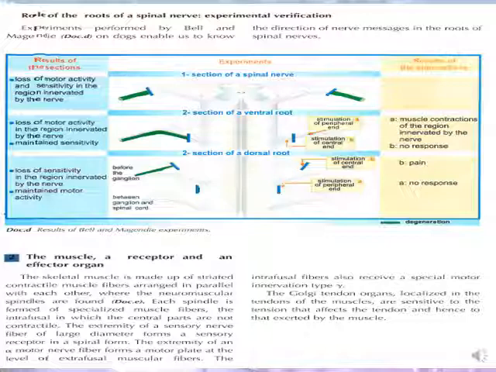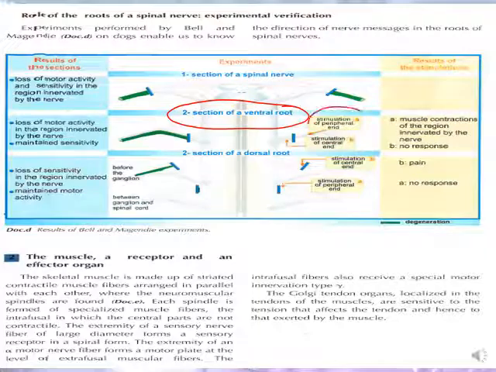So let's start with the case of the sectioning of the ventral root. We did a sectioning of the ventral root. What happens? In this case, we did stimulation of the peripheral end. Stimulation of the peripheral end leads to the muscle contraction of the region innervated by the nerve.